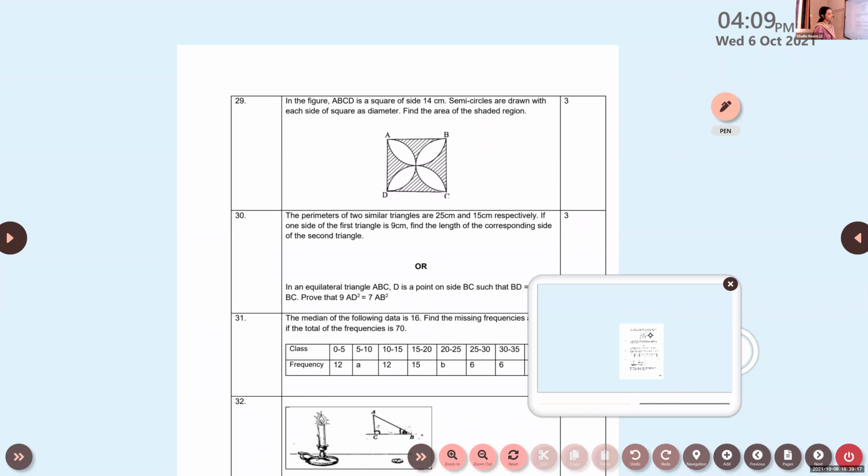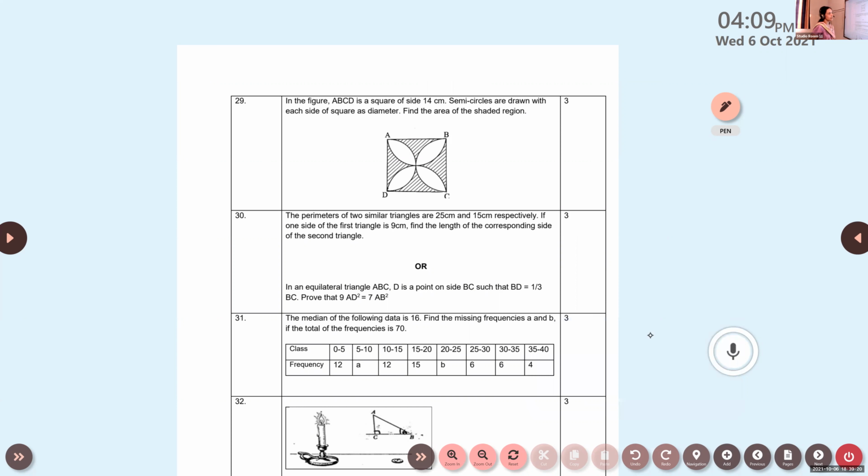The perimeters of two similar triangles. Write the question. The perimeters of two similar triangles are 25 centimeter and 15 centimeter respectively.